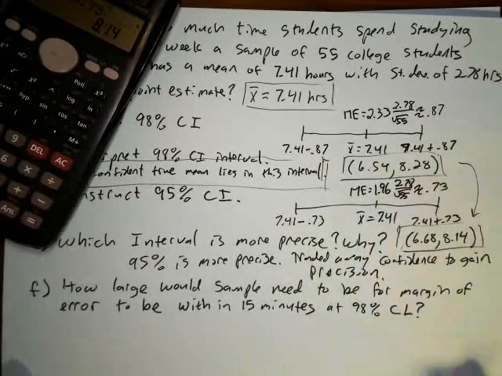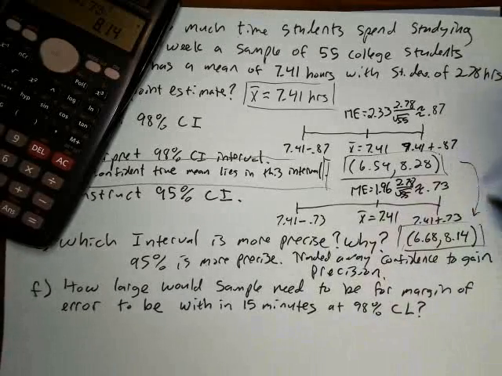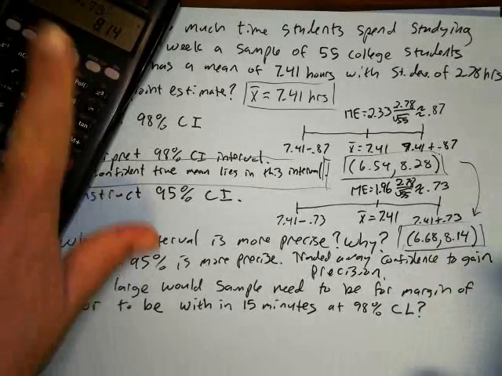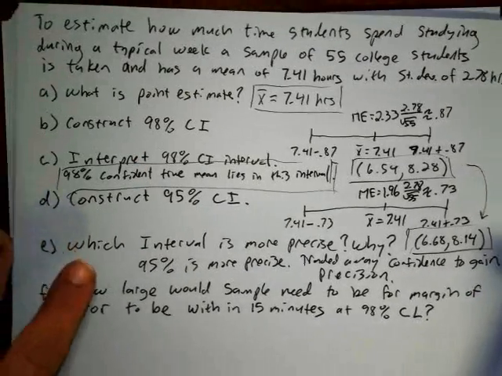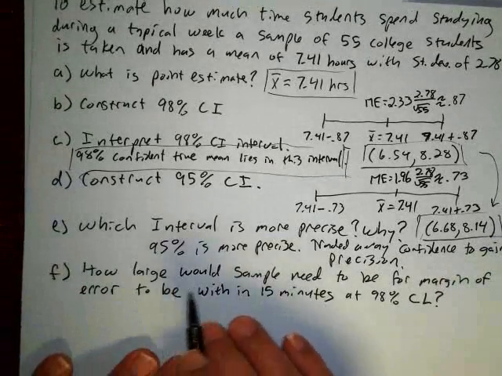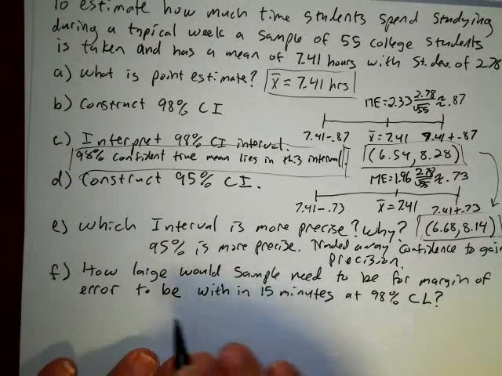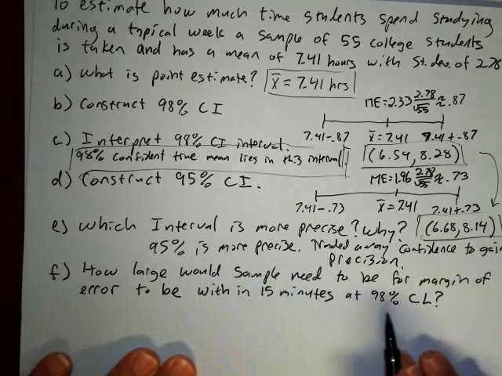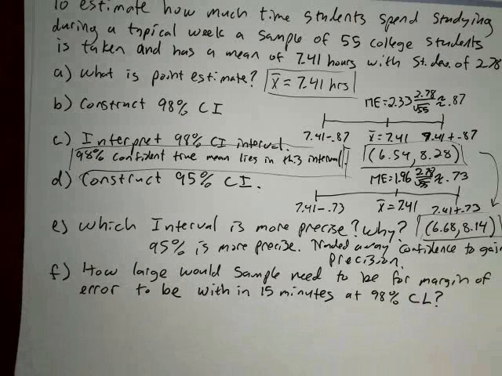Okay, 6 of one, half a dozen of the other. Right? So if I want a more precise interval, the better way to do it would be to increase my sample size. So the last question here is asking, how large would the sample need to be for the margin of error to be within 15 minutes at 98% confidence level?